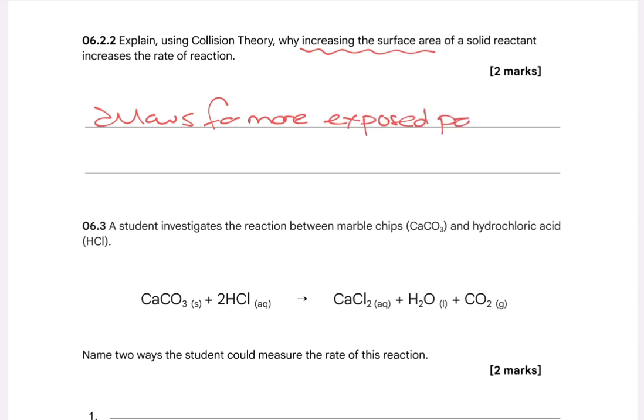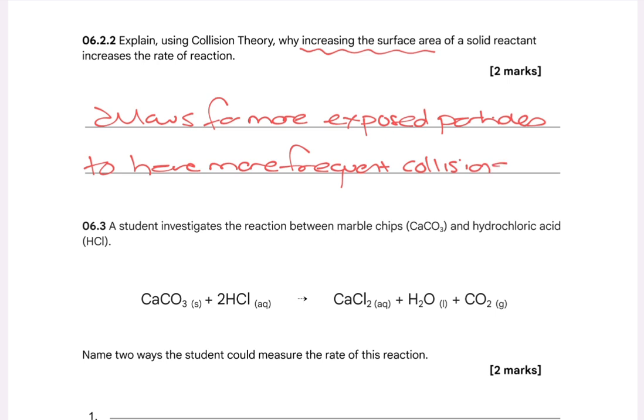So if we've got more particles on the surface, then it allows for more of those particles to be hit by other particles that want to react with it. So it allows for more exposed particles to have more frequent collisions.